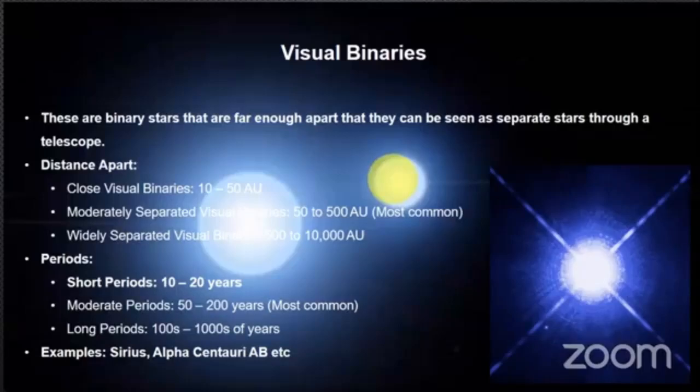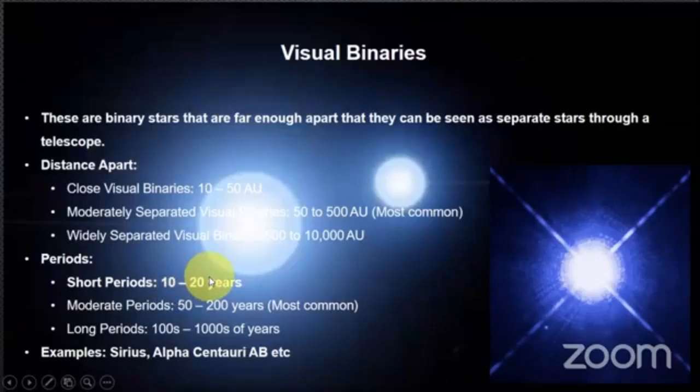Then we have widely separated visual binaries. They range from 500 astronomical units to about 10,000 astronomical units. Now, the farther apart they are, the longer their periods. For close visual binaries, their periods are classified as short period. Their period ranges from 10 to 20 years.